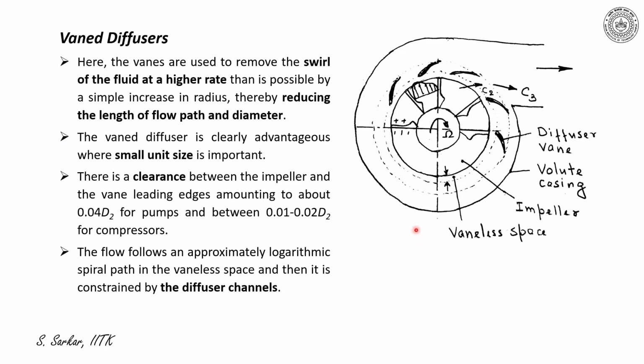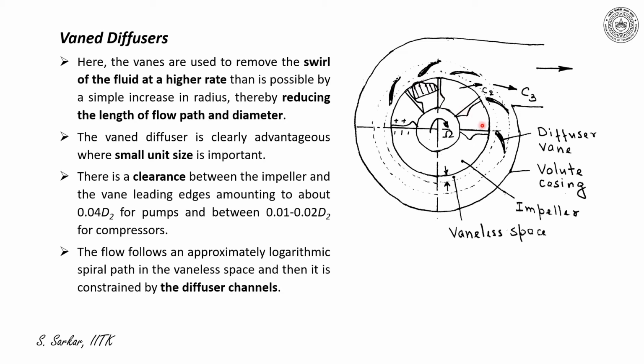I have indicated here the schematic of a vane diffuser, with the impeller followed by the diffuser vane and then the volute casing. I have also illustrated the meridional flow within the blade passage in the blade to blade plane, where one can appreciate the non-uniform flow.